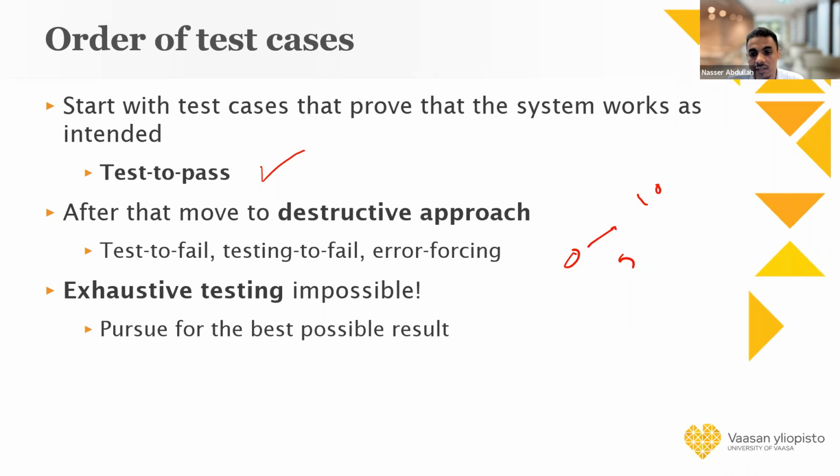You can go to the next stage, which is the destructive approach. Remember last time I talked about it: I key in something wrong. For example, here I should not input a minus number, so I will input a minus. If it passes, go to the next, which is harder, exhaustive testing.